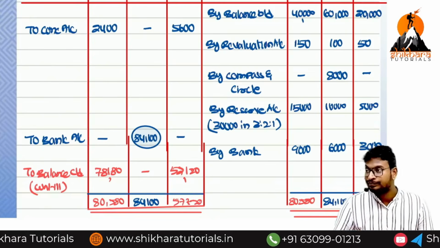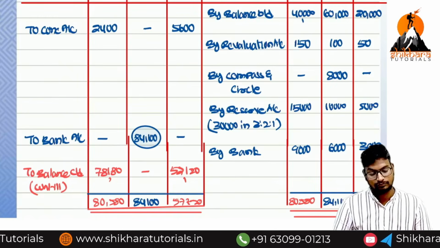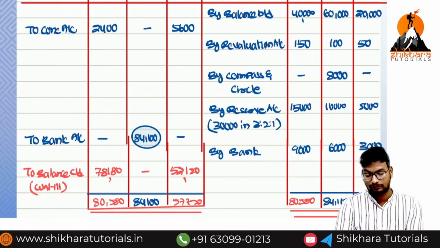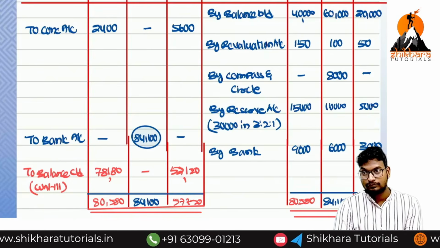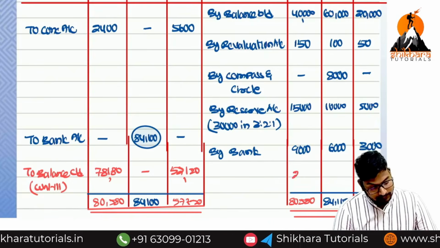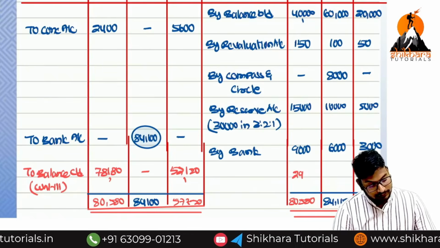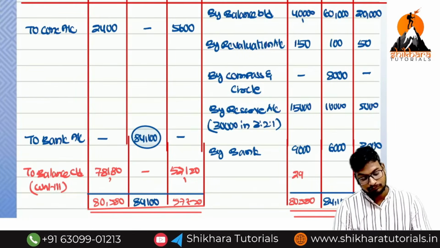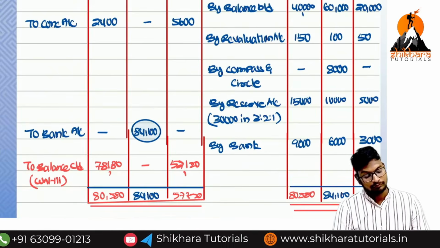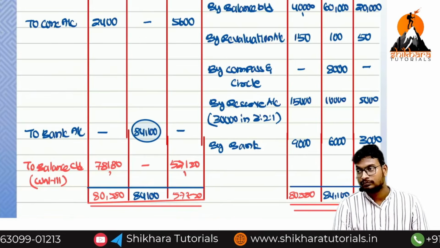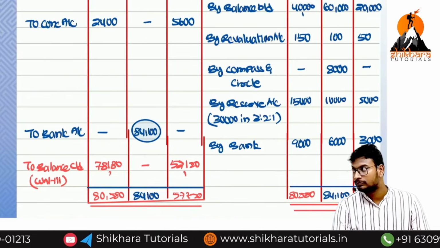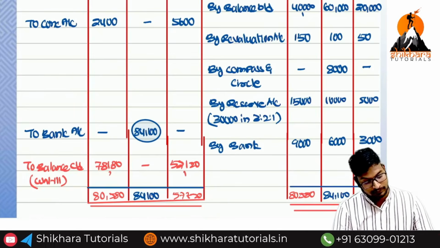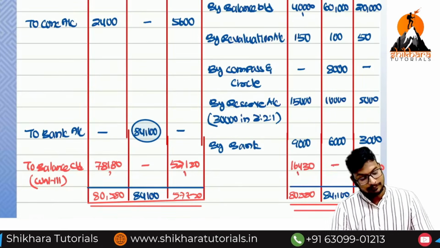What is the balancing figure? 29,000. 29,000. What is the meaning of this one?